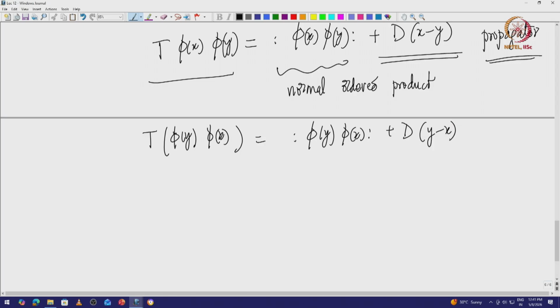Now this essentially is the normal ordered product of pi x pi y plus D of y minus x. So putting this together, the normal ordered product is essentially the same.